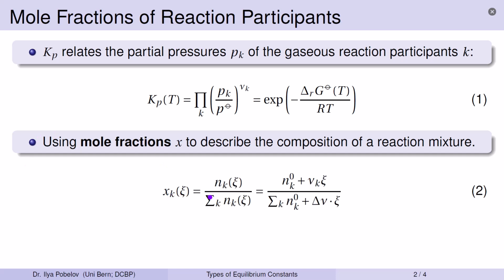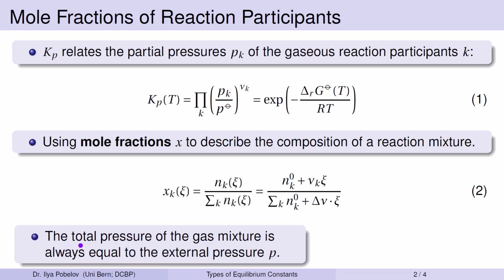When we take into account all the gaseous reaction participants and their molar amounts, the mole fraction of each gas in the mixture, x_k, is simply the ratio of its amount of substance, n_k, to the total amount of substance of the gases present. Recall that our discussion of chemical equilibrium is based on the Gibbs energy framework.